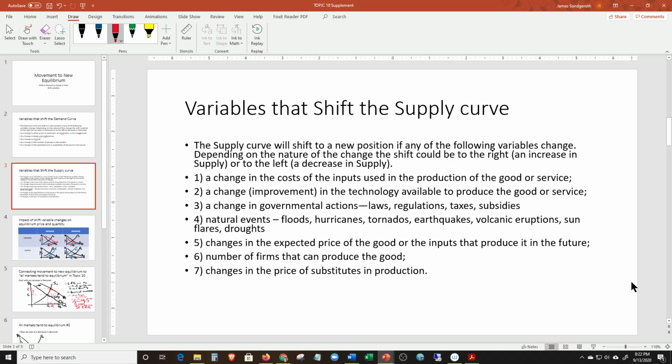A change or improvement in technology would typically shift the supply curve to the right. You rarely get a change that's not an improvement, that actually is a backward step technologically speaking, even though it might seem like a step forward.